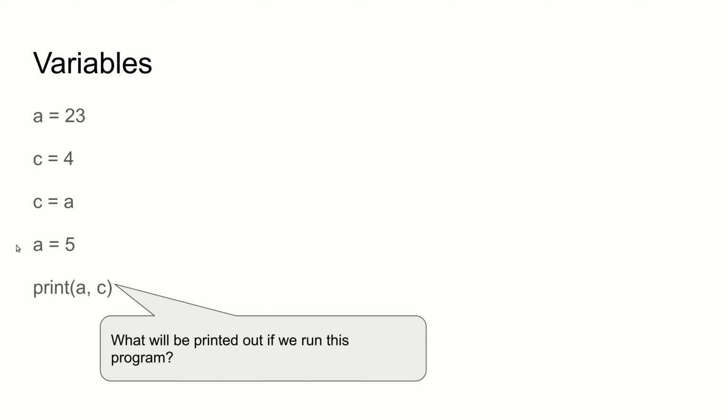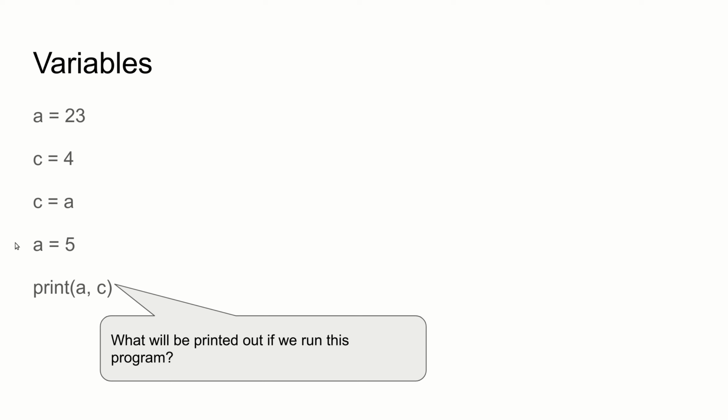Then down here, I say, now make A be a name for the number 5. Make A reference the number 5. So that changes A. Because these are simple values, it does not change C. When we're dealing with numbers in particular, and other really simple values, just because you said C equals A before, that does not mean C and A are the same forever, and changing one of them would change the other.